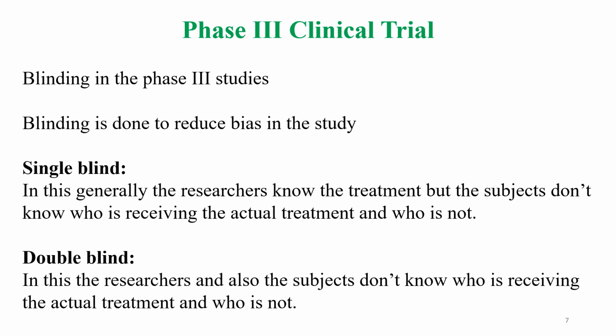In single blind, generally the researchers know the treatment, but the subjects don't know who is receiving the actual treatment and who is not. In double blind, the researchers and also the subjects don't know who is receiving the actual treatment and who is not. So this is regarding blinding.